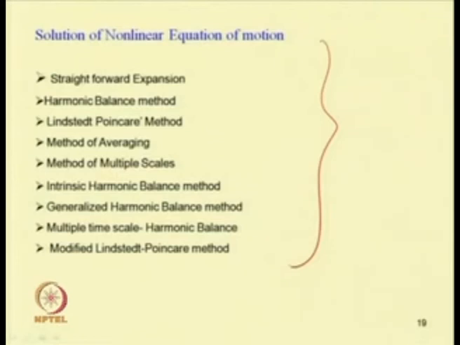In module 2 we made detailed discussions about how to find the solution of nonlinear equations by the straightforward expansion method, harmonic balance method, Lindstedt-Poincare method, method of averaging, method of multiple scales, intrinsic harmonic balance method, generalized harmonic balance method, multiple time scale harmonic balance method, and modified Lindstedt-Poincare methods. To review the systems with cubic nonlinearity, let us take the method of multiple scales.